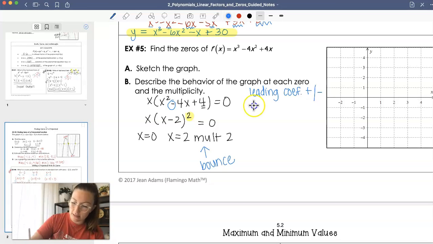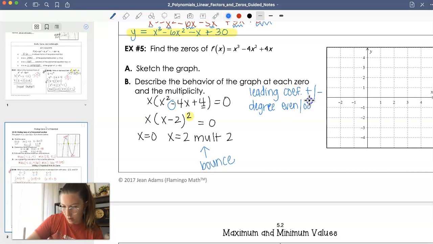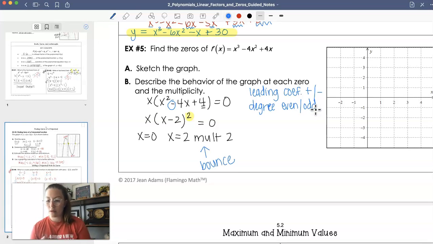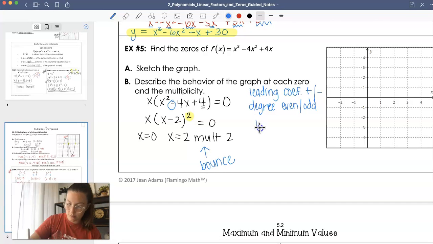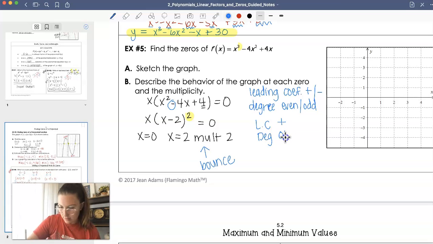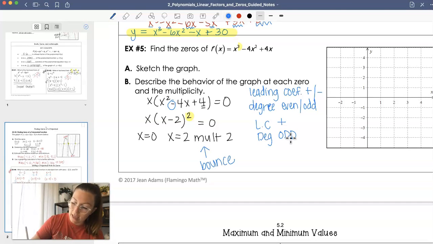And then we're going to look at the degree, which is going to be even or odd. So for instance, this leading coefficient, we'll call it LC, is positive, and this degree is odd.